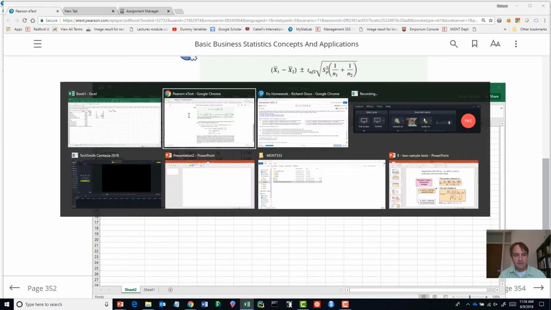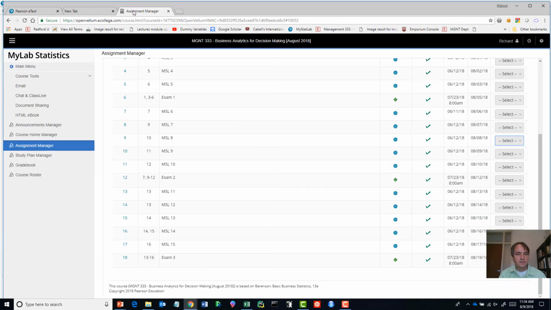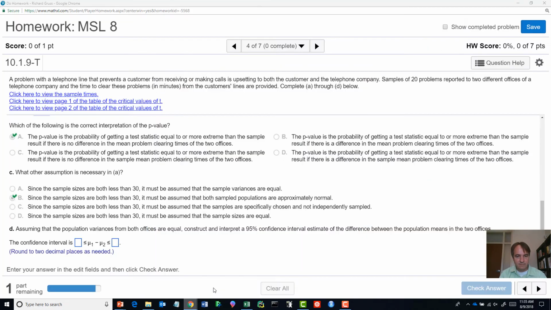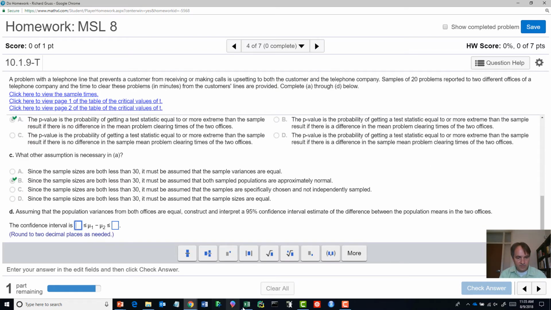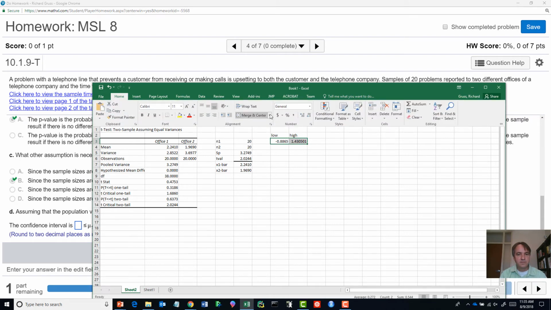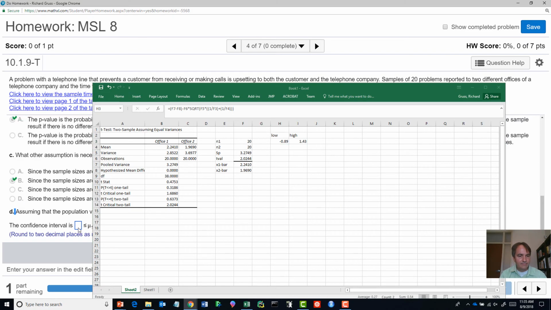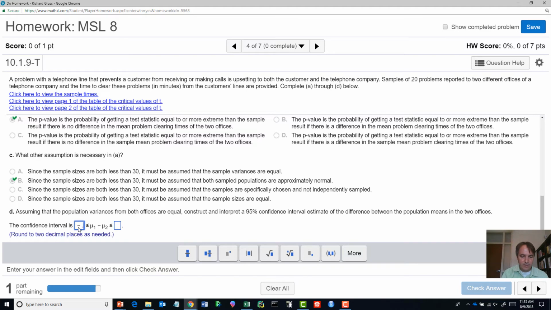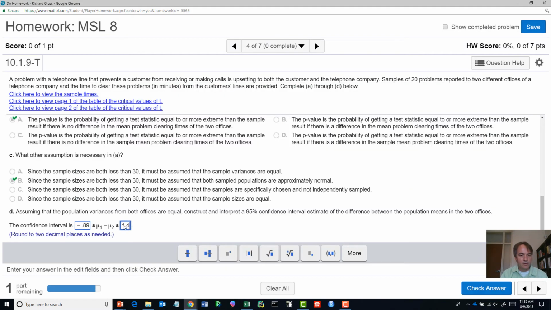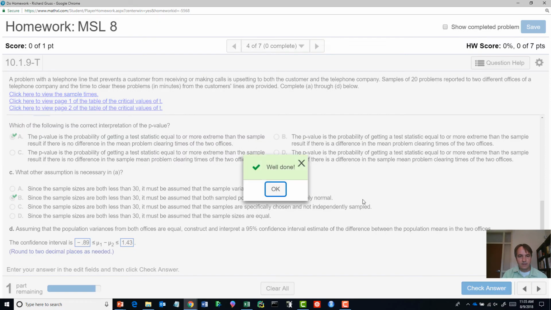Now we just need to put these endpoints into the question on MyStatLab. This is 2 decimal places for some reason, so we'll change this. Negative 0.89 up to 1.43. Hopefully that's right, and it is.